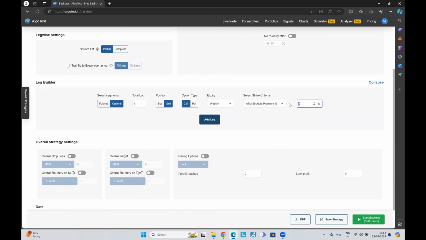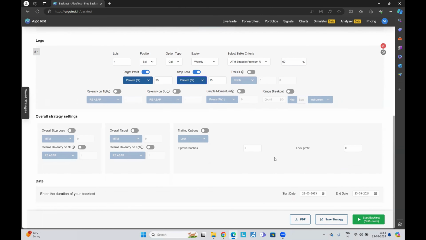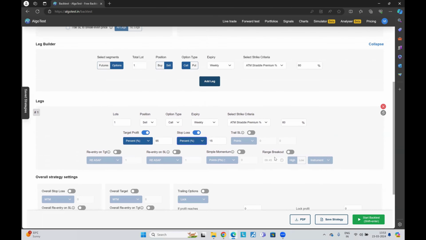The target percentage was around 95 and the stop loss was around 15%. Let me select the percentage in the drop down. This is what we had, right? So 95 is the target, 15 is the stop loss. We will again not go with the trail stop loss now. Maybe in future videos we can consider those.